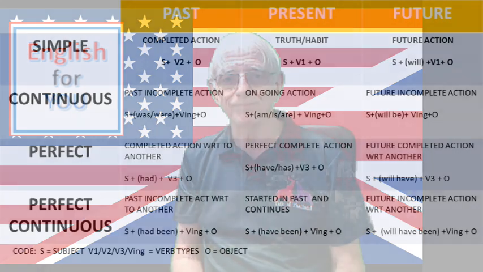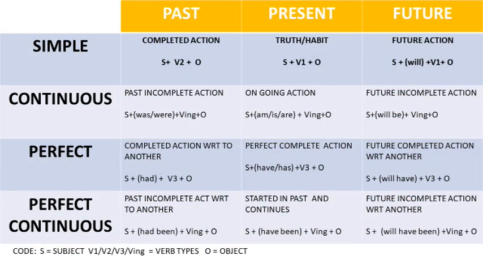So firstly, let's return to our tense table that we covered in our previous video. In that video, we covered the simple and the continuous aspects of the three tenses, past, present, and future. In this video, we're going to be continuing with the perfect and the perfect continuous aspects of the various tenses.